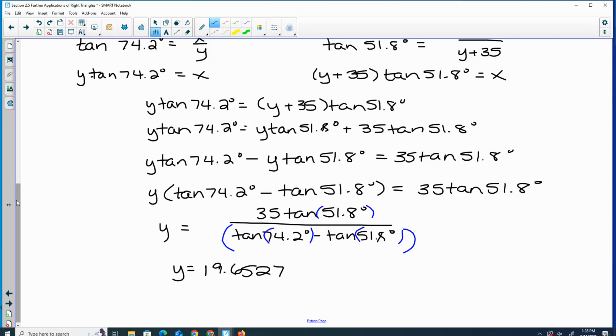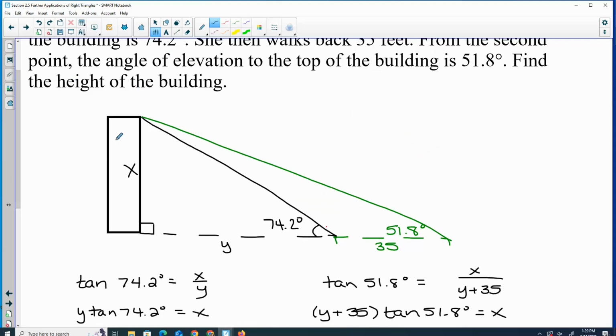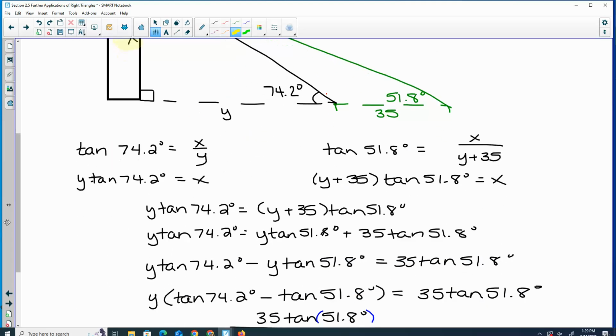So once we have y, we were trying to find the height of the building. That was x. Once we have our y, how do we get x? Take 2 times tangent 74.2. You could even go back and just plug it back in right here.